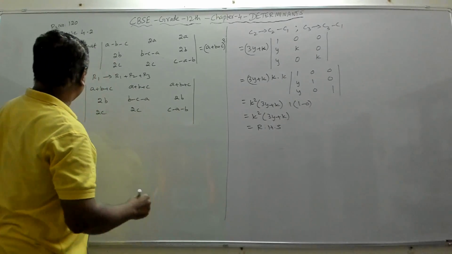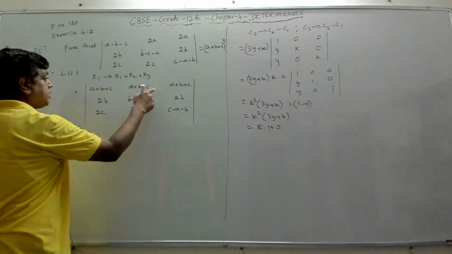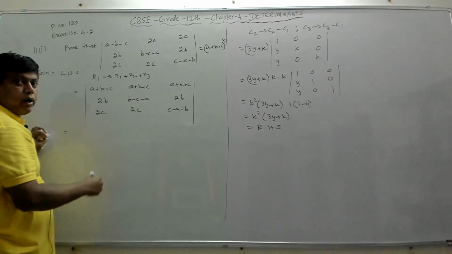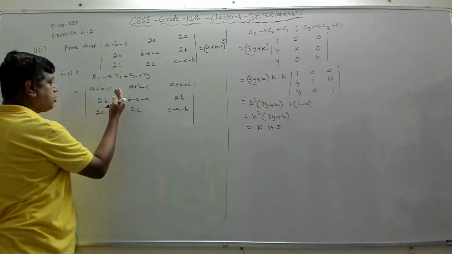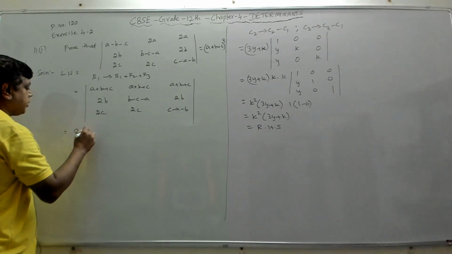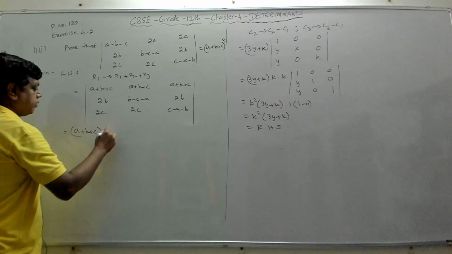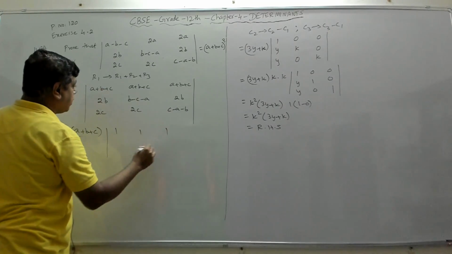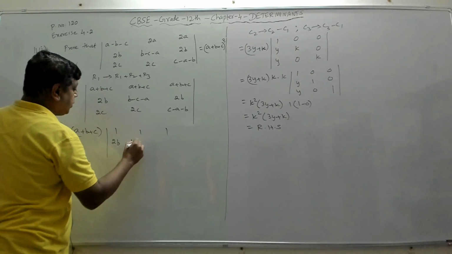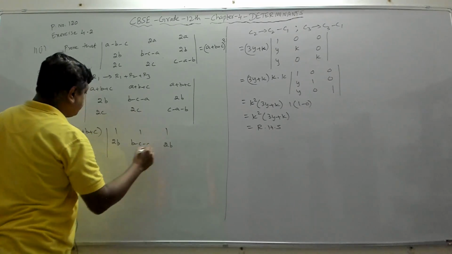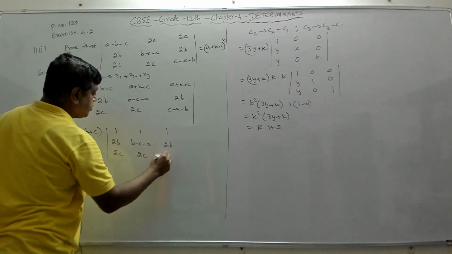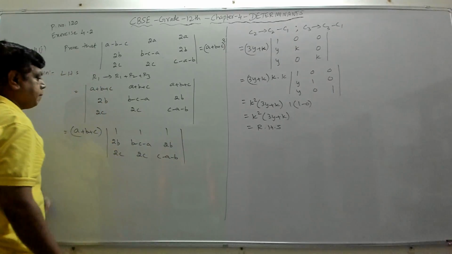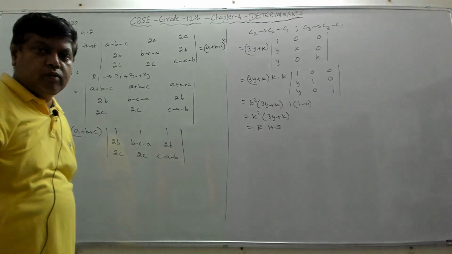Now what we have, we can take A plus B plus C common in row 1. So all the elements have A plus B plus C, so that can be taken out of the determinant. Then this will become 1, 1, 1, 2B, B minus C minus A, 2B, 2C, 2C, C minus A minus B. Fine.